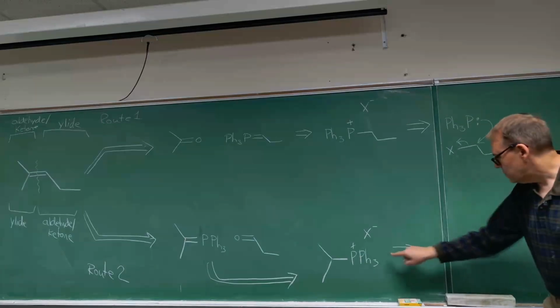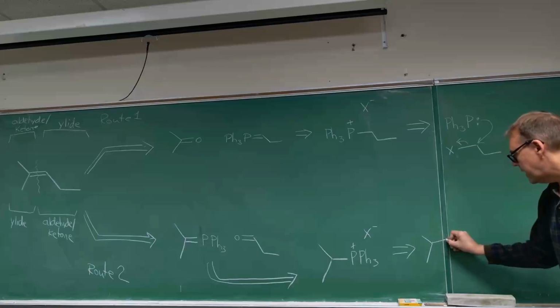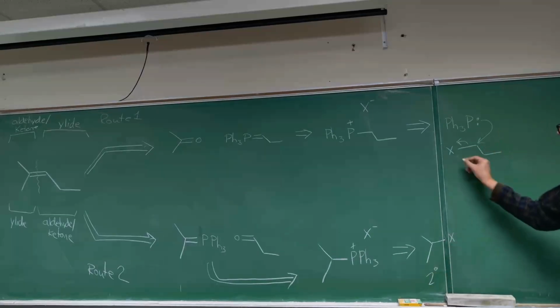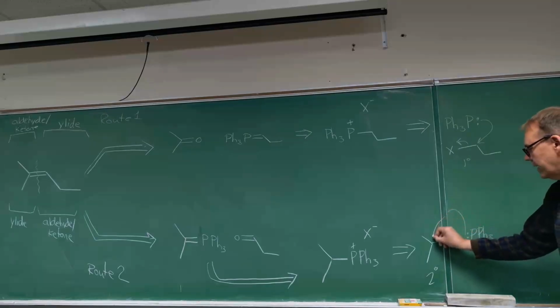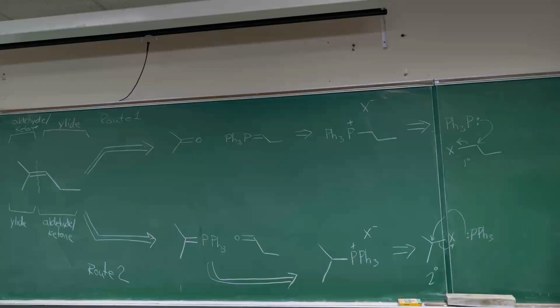If you want to make this one, you need to start with an alkyl halide that is a secondary alkyl halide. This is a primary, this is a secondary, and the triphenylphosphine would need to attack it in an SN2 reaction, and that's a lot more difficult, because there's a lot more steric hindrance in a secondary alkyl halide, and SN2 reactions don't work as well.